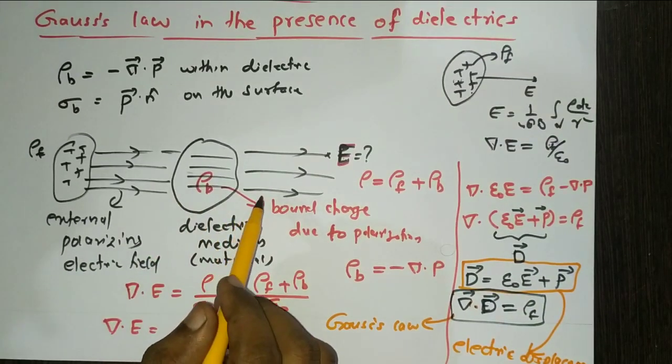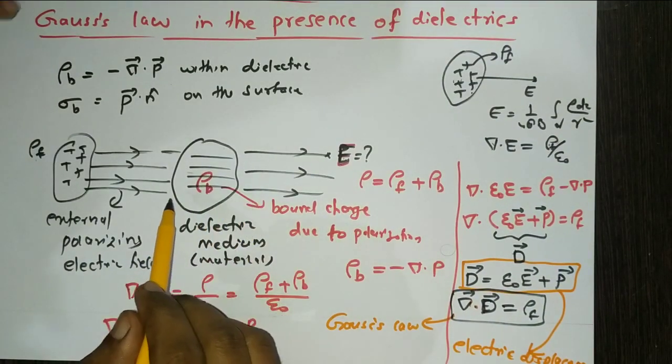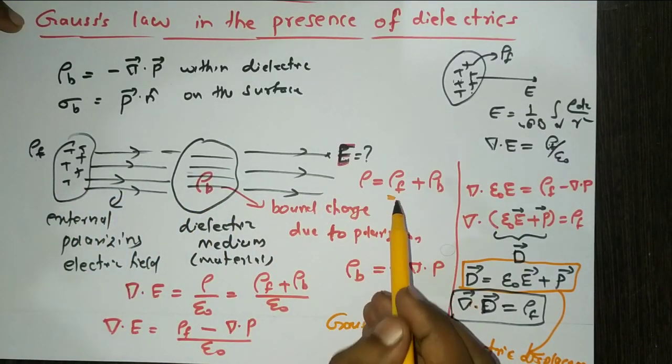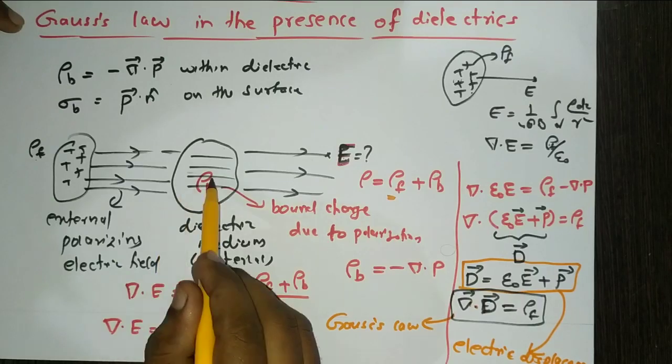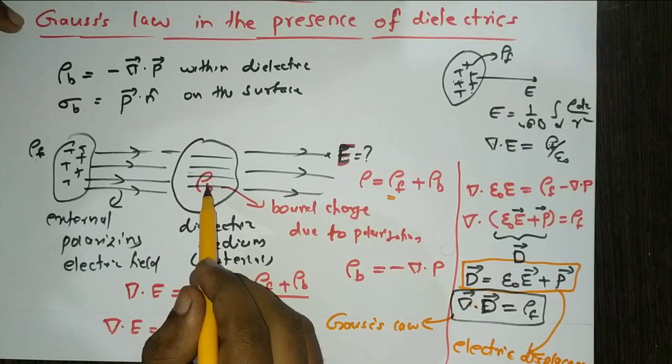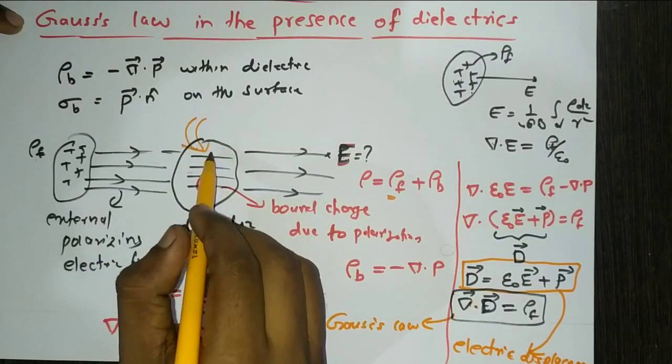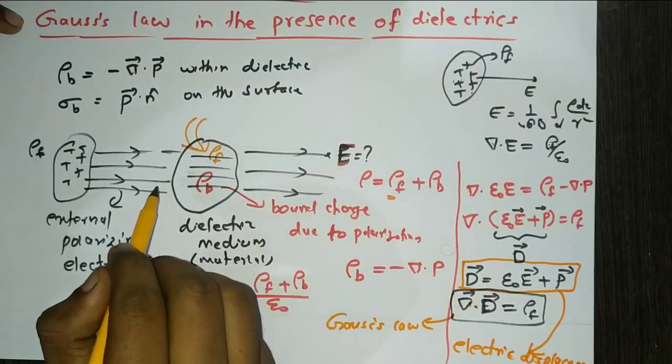Here, I would like to mention a few more things. The free charges that we have mentioned here can be any charge given to this dielectric material; we can supply any amount of free charge to it.